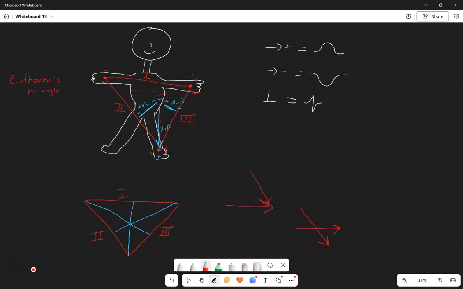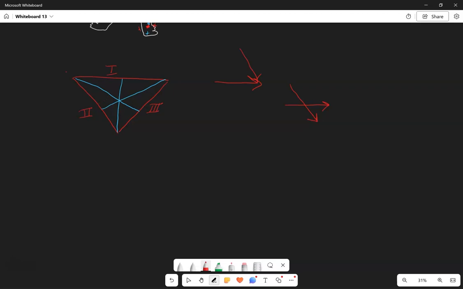So what I can do is I can sort of move these different vectors, and I can say, okay, here's lead 1, here's lead 2, so this is 1, here's 2, here's lead 3, okay, then I can add in my other vectors, and I can say, okay, here is AVR, here is AVF, and here is AVL.